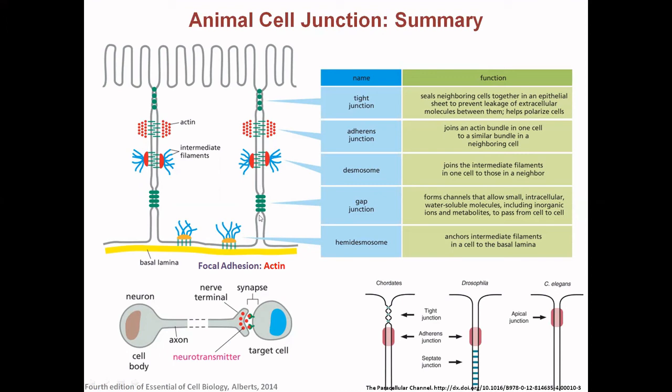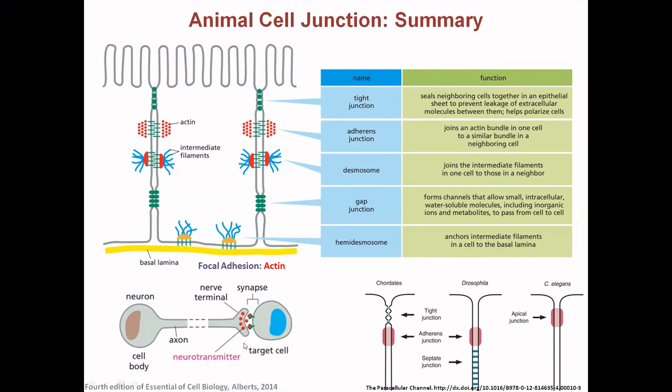And when there is nothing between the cells, with a gap of 2 to 4 nanometers, and this is connected by ion channel connections, this is called the gap junctions. Along with this, there is another type of junction called the synapse, where one neuron makes a connection with another neuron, muscle cells, or gland cells.